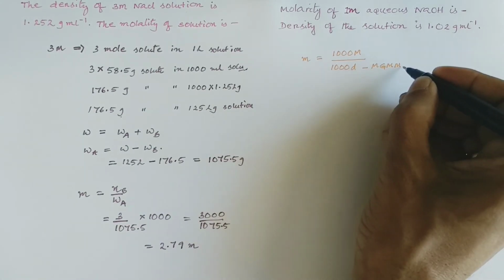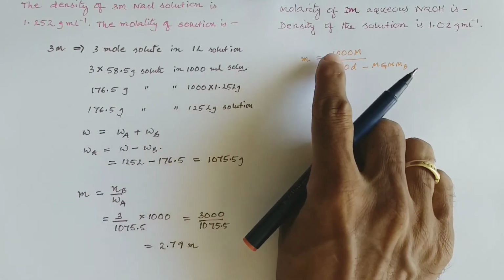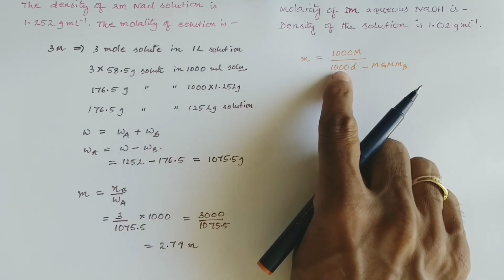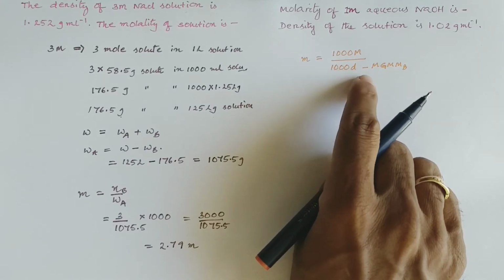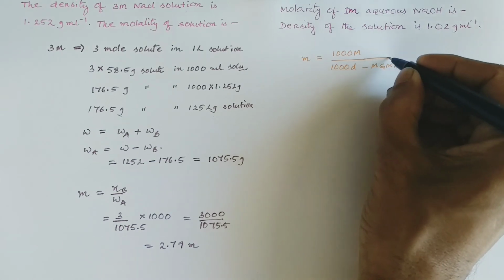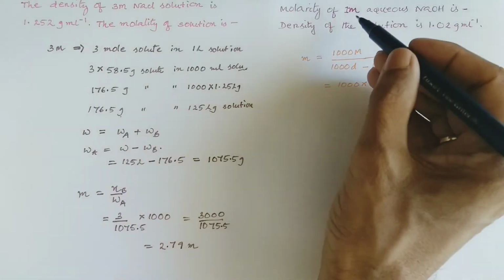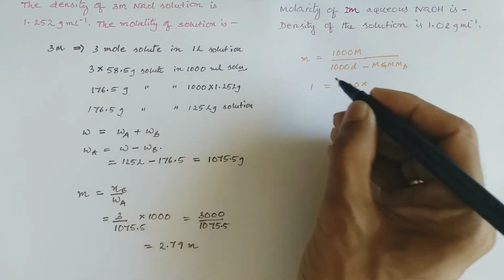This is the formula. I repeat, molality is equal to 1000 into molarity divided by 1000 into density minus molarity into gram molar mass of solute. Now molarity is given, that is 1 molar.